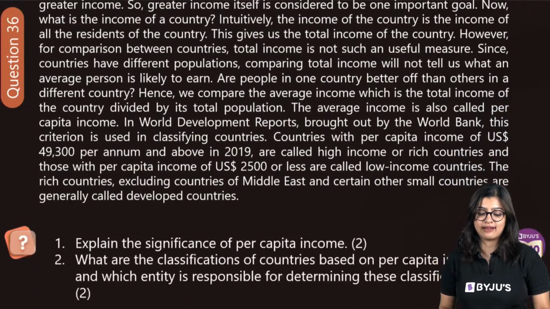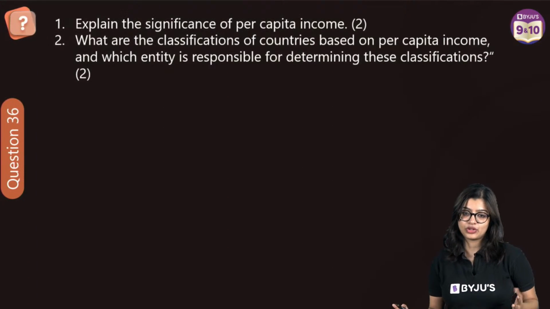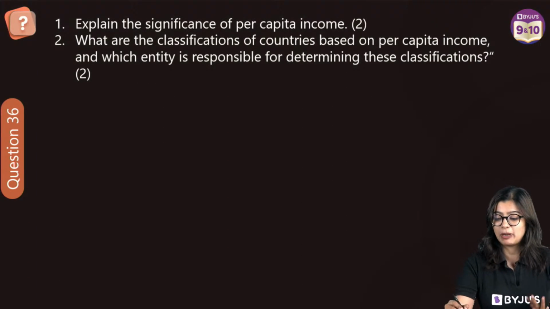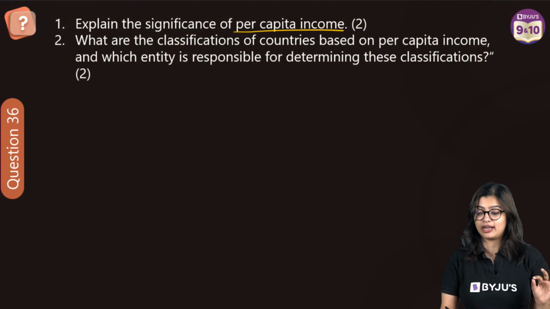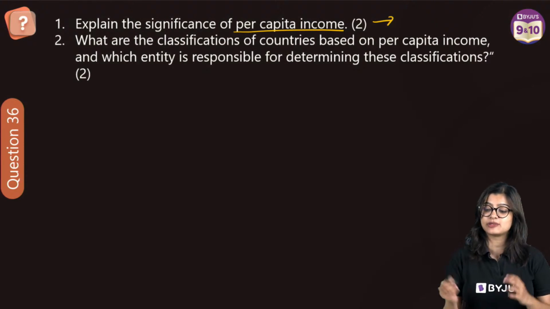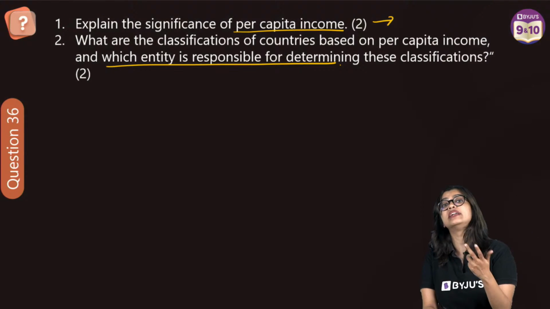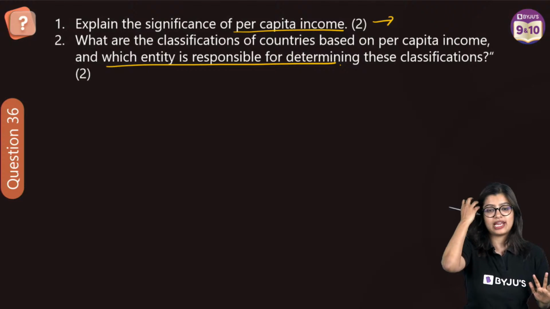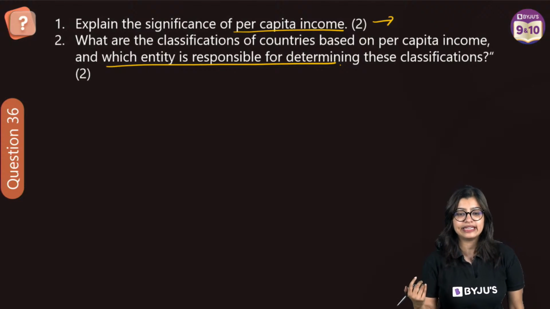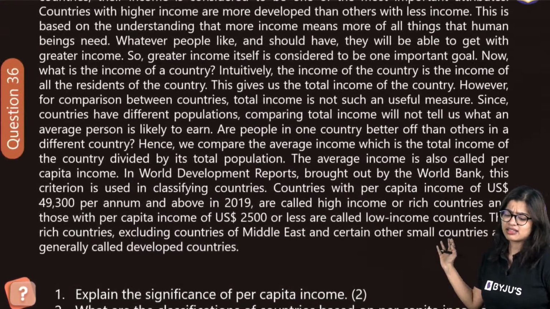These are 2 things that they have asked. So based on this, you need to answer. Explain the significance of per capita income. You have 2 marks for this. And what is the classification of countries based on per capita income? And what is the entity, or how are you determining this classification, right? So this is very, very easy. It's easy. This is very direct.